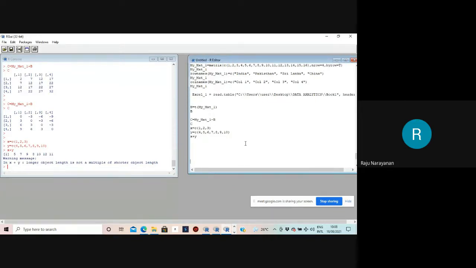Now, suppose my mat 1, etc. It is long. Therefore, I am taking A is equal to my mat 1.